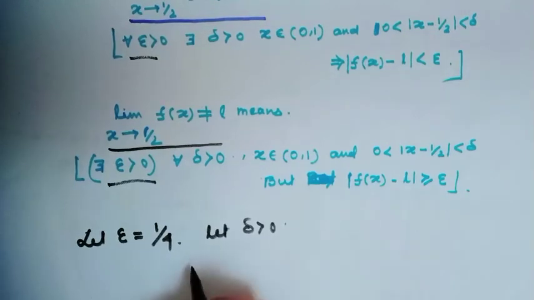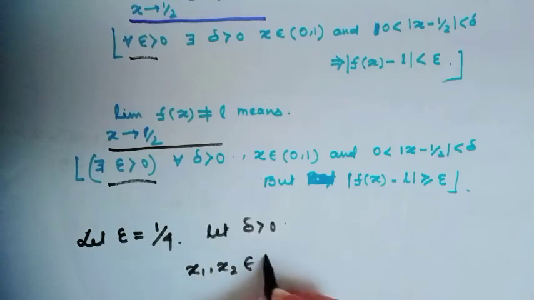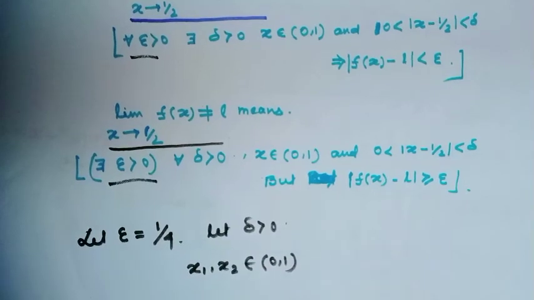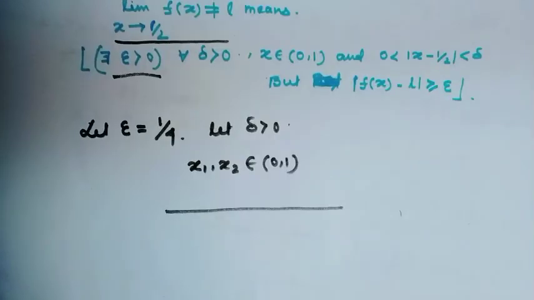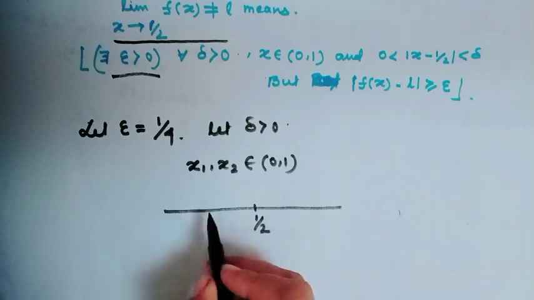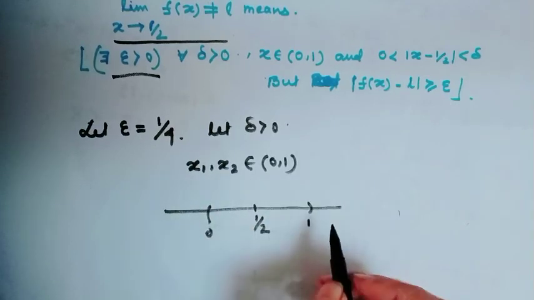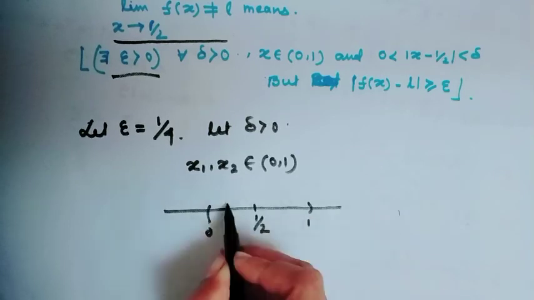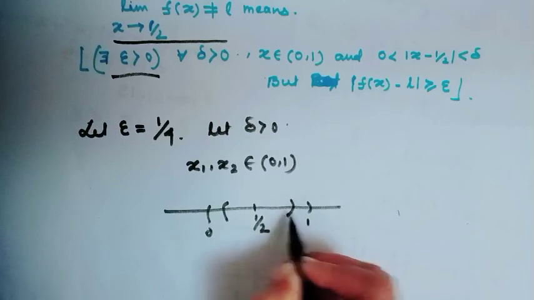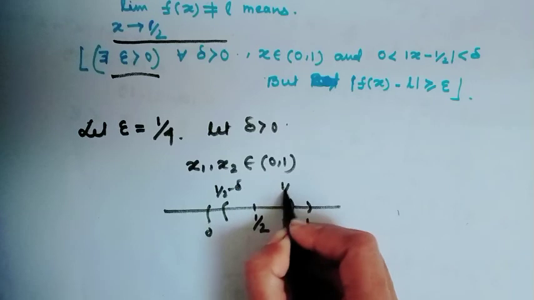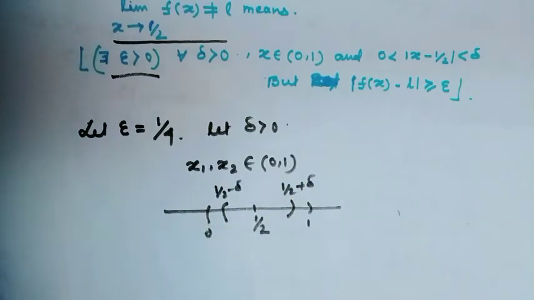and we have to choose two points x1, x2 belonging to the open interval (0, 1). Here this is 1/2, this is 0, this is 1. Let this be 1/2 minus delta and this be 1/2 plus delta.